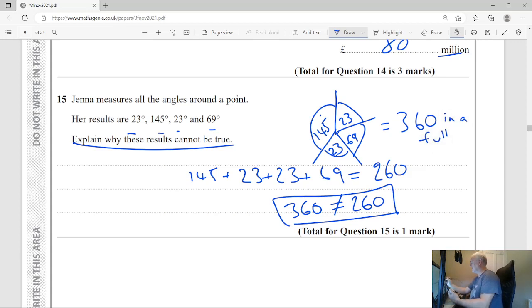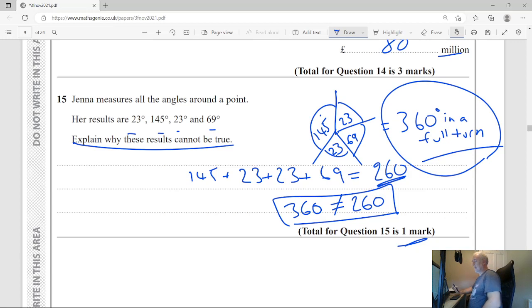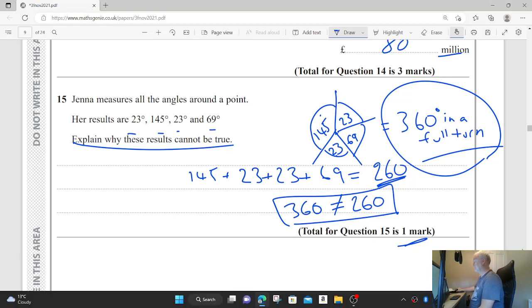And there's 360 degrees in a full turn. Now again, that's only a 1 mark question, so think of the workings there. We've got to add it all together to find that it's 260, and then we're saying that it doesn't equal 360, so it cannot be true. So we need to know that rule there, that there's 360 degrees in a full turn, and it doesn't equal 360 degrees.